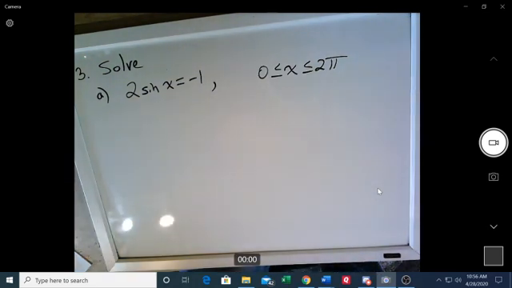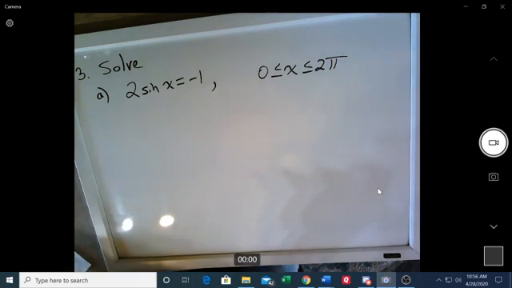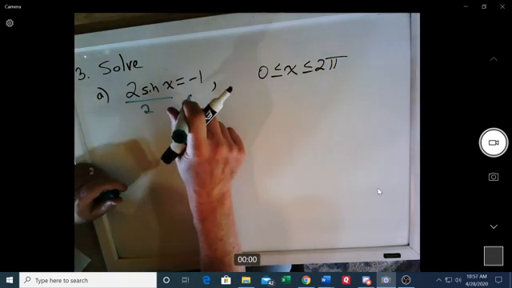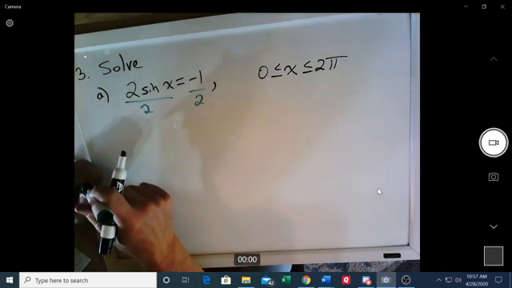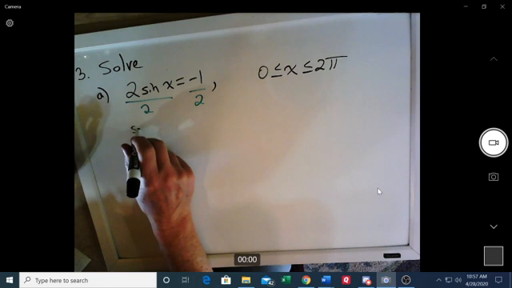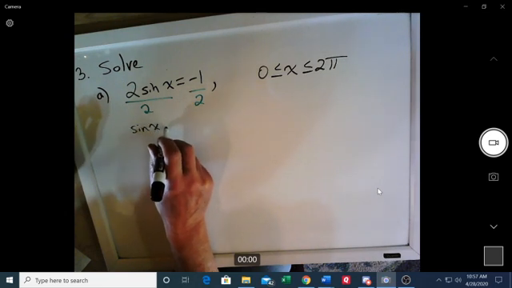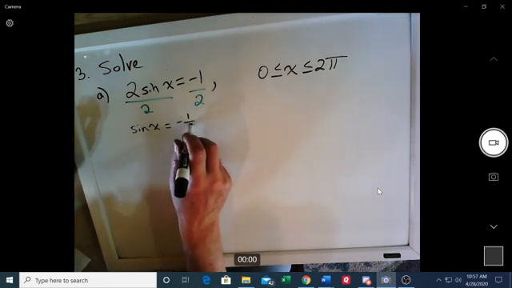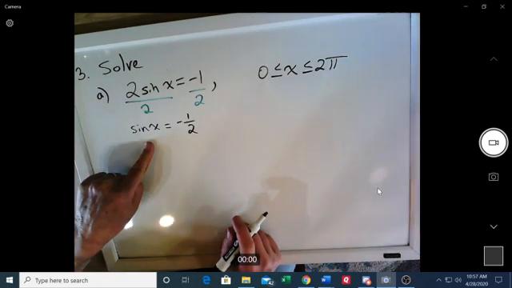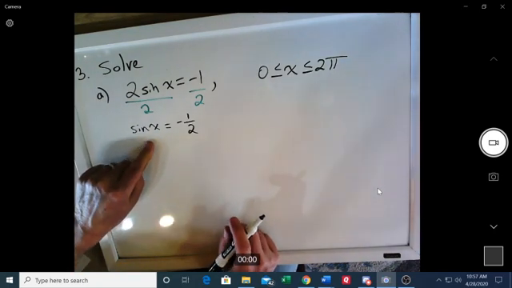Alright, I'm going to stop, and I'm going to divide both sides by 2. Got to isolate the variable as much as possible. Now this is a trig function of x.